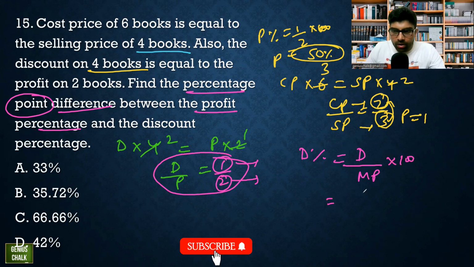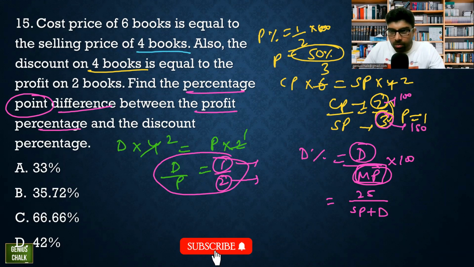So for discount, let's say 25%, and mark price, can I write? Mark price will be selling price plus discount, because mark price I don't know actually, but I know selling price. Let's take 2 as 100, so 3 will be 150, because 1 is 50, right? So this profit is 50, right? If profit is 50, then it is 25. That's what is happening. I hope you're getting my point.